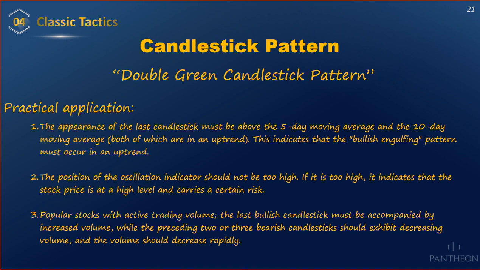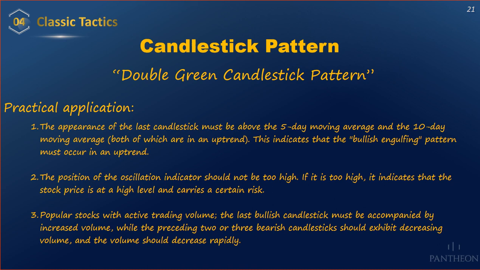This indicates that the double green candlestick pattern must appear in an upward trend. For point number 2, the position of the oscillation indicator should not be too high. A high position indicates that the stock price is at a high level, which carries a certain risk.